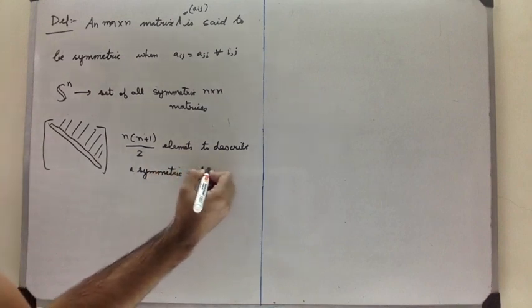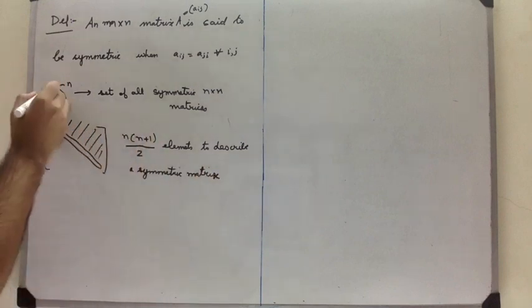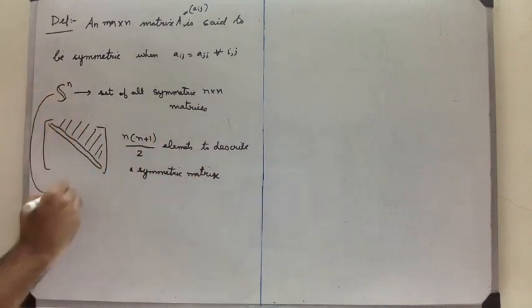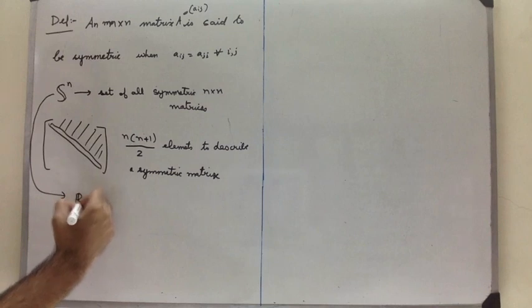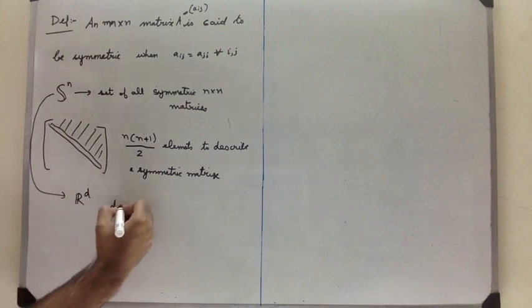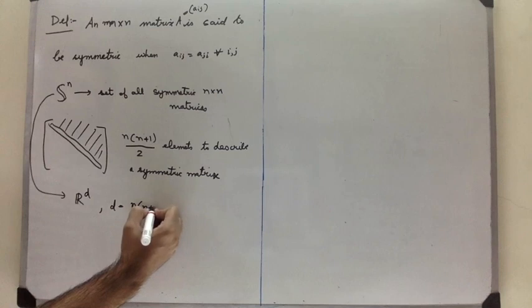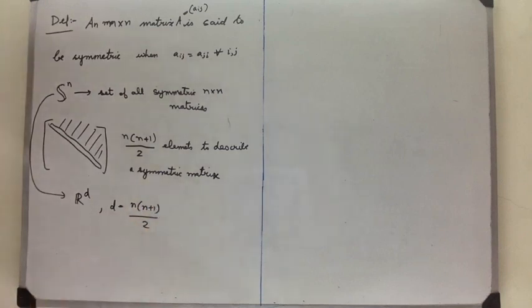Thus, we associate this set of all symmetric matrices with RD, where D is n into n plus 1 by 2. So this is the dimension of the set of all symmetric n cross n matrices.